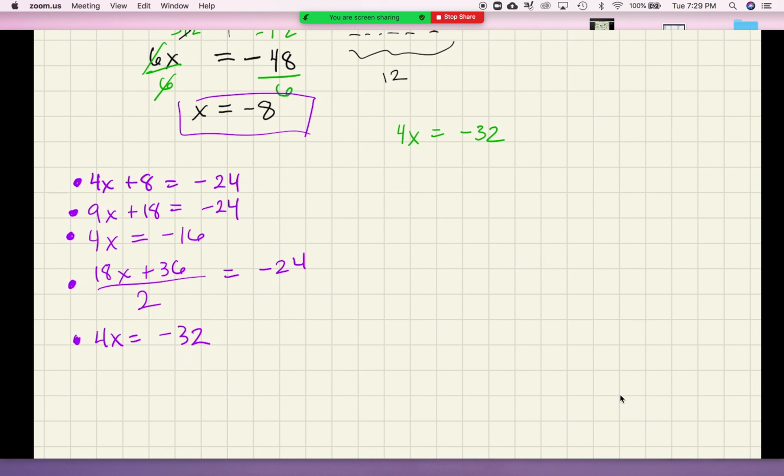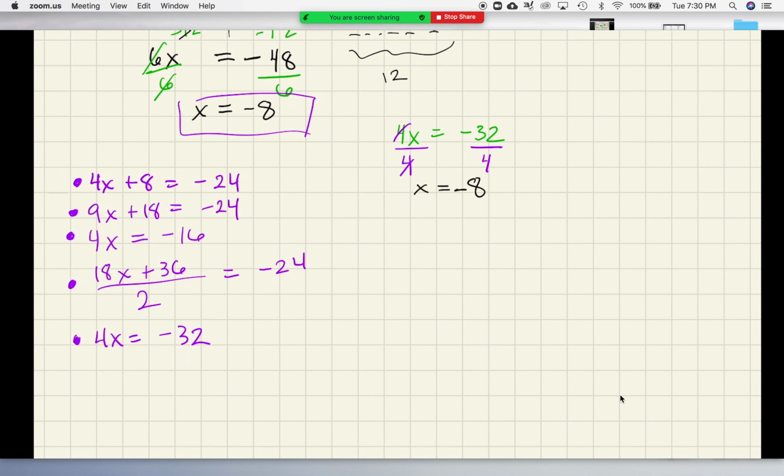It's 4 times x, so we do division, right? Yeah, division. The 4 and 4 zero out and leave the x, which would equal, oh, and then I do the 4 to the 32 too. Yeah, you have to do it to both sides. So it'd be 32 divided by 4, equals 8. And negative 8, right?